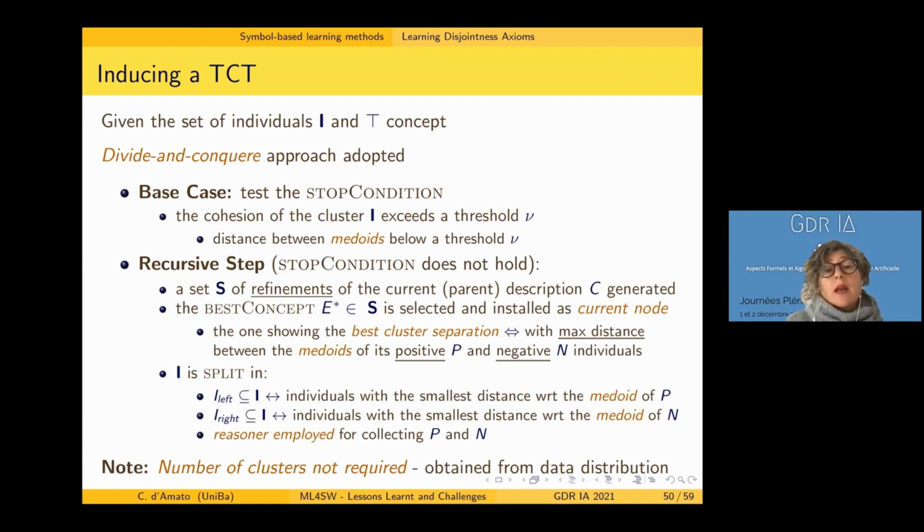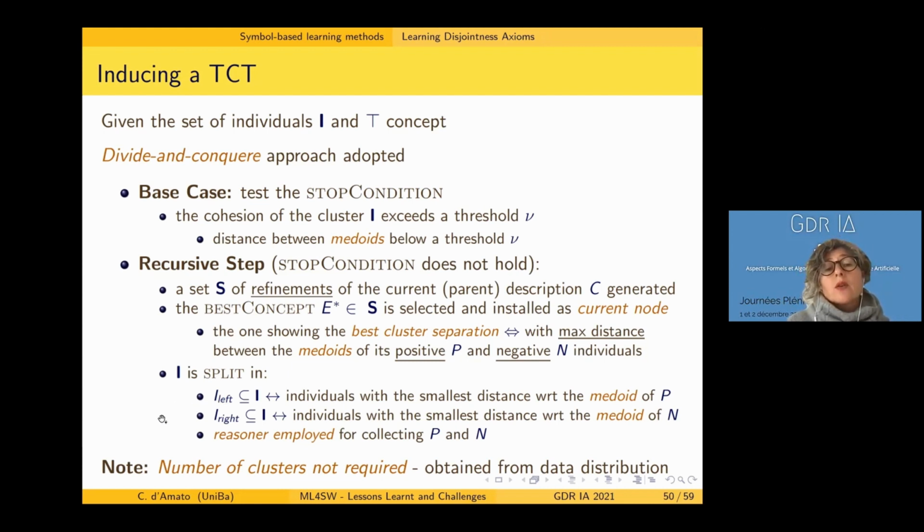The last thing that we need to do is to move the initial set of examples along the positive and negative branches. This is done by assigning to the left-hand side the individuals that have the smallest distance with respect to the representative element of the positive examples, meaning that these will be positive examples as well.